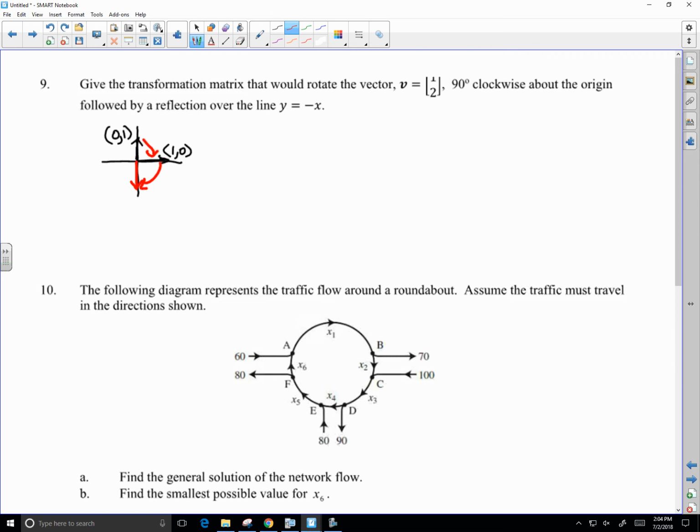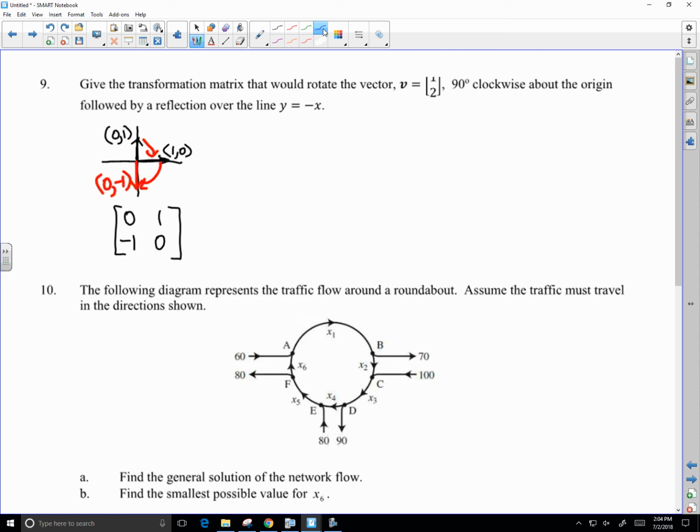So i becomes 0, negative 1. j is going to where i is. So my transformation vector here, just think, where's i going? i is going from 1, 0 to 0, negative 1. j is going from 0, 1 to 1, 0. So that's my transformation matrix that will do the 90-degree rotation in the clockwise direction.